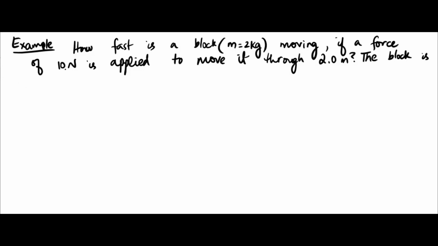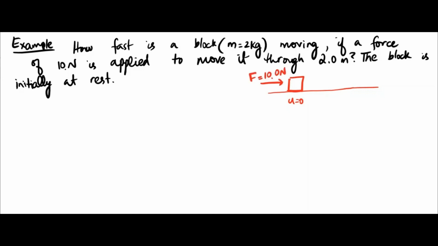So its initial velocity is going to be equal to 0, and using that information we can again use the work energy theorem in order to find the velocity with given force and given displacement. Let me draw a picture for the scenario to help you visualize what's happening.